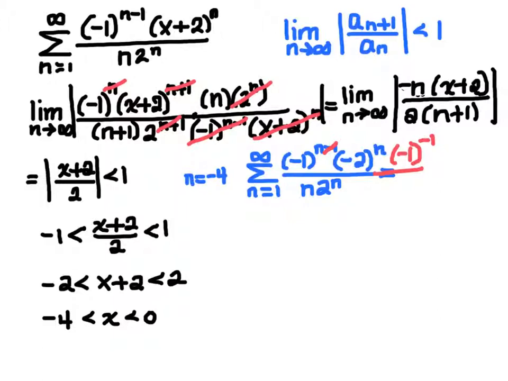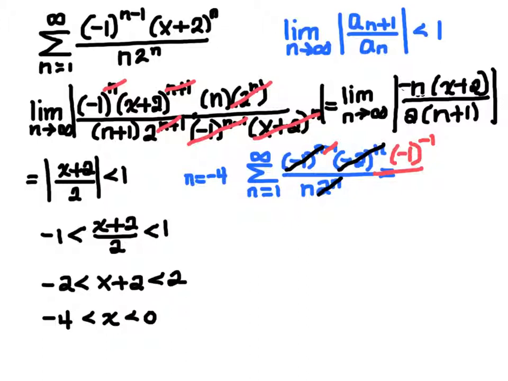The reason I did that is because negative 1 to the n times negative 1 to the negative 1 is negative 1 to the n minus 1. And I did that so that we can see that this negative 2 to the n times negative 1 to the n, if we multiply them by each other, we get just negative 2 to the n, which means that these two cancel this one out.